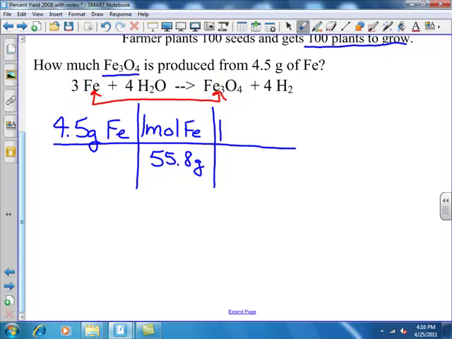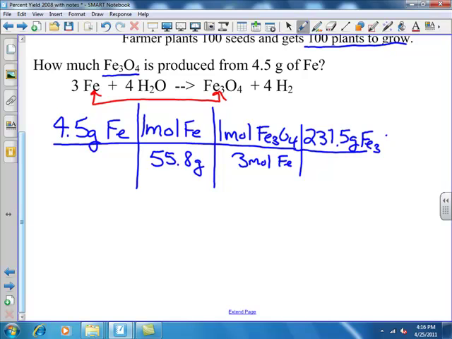But since we're looking for the Fe3O4, we'll put 1 mole Fe3O4 all over 3 moles of Fe. And then we're looking for mass, so we'll multiply by the molar mass of Fe3O4, which is 231.5 grams Fe3O4 per 1 mole.